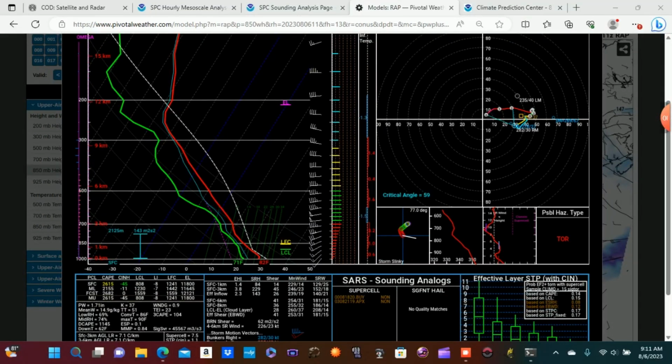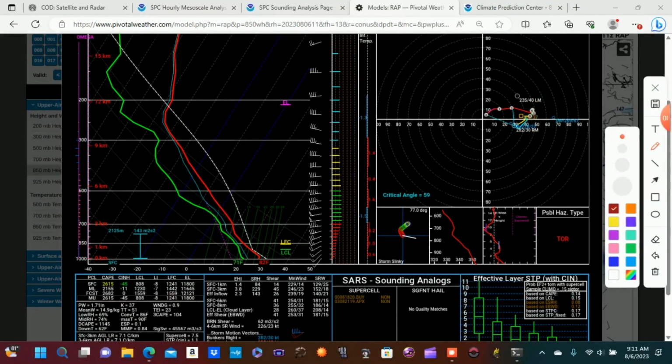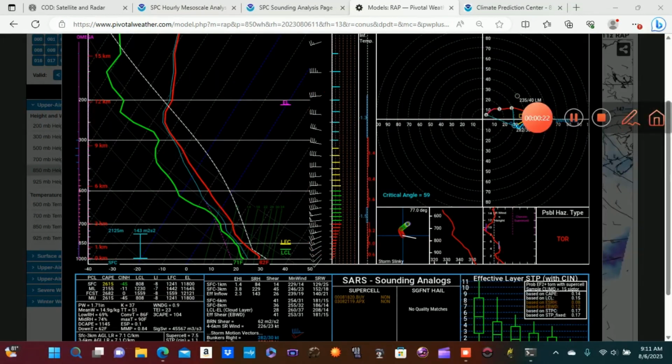But here's the reason why the tornado threat could materialize for parts of the Midwest today. The environmental winds that you see here are going to be stronger as a result of the upper level support that we're going to see today.